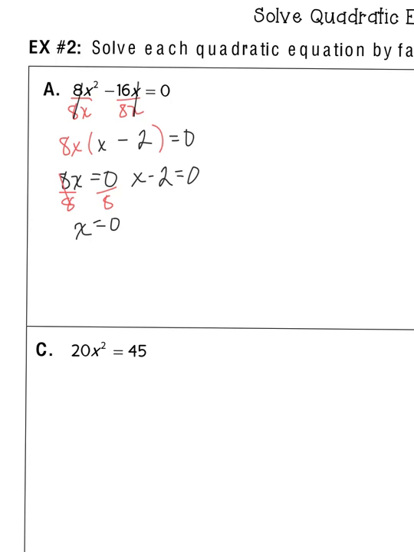Anytime you have a monomial, which means one term, 100% of the time the variable's value is going to be 0. All right, so then on this one you're going to add 2. And for these easy binomials, I'm not going to always show you the work. I just did on this one because I showed you the work on the other one. So there we go. All right, so let's look at B.